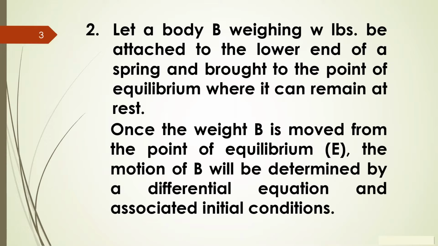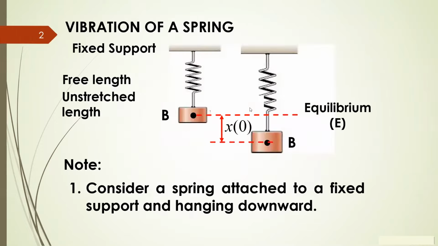And then once the weight B is moved from the point of equilibrium, the motion of B will be determined by a differential equation and associated initial conditions. So that means the motion of the spring, how it moves, where the position is, can be determined and be represented by a differential equation.